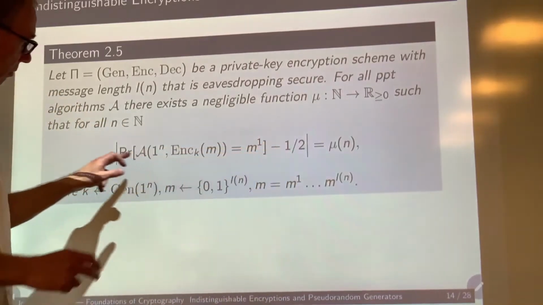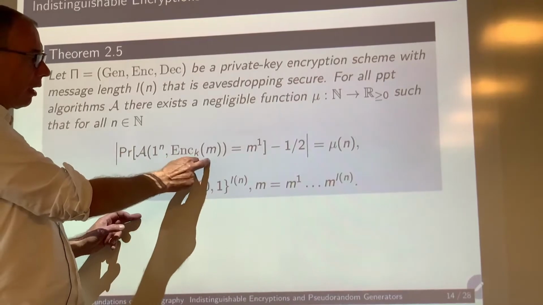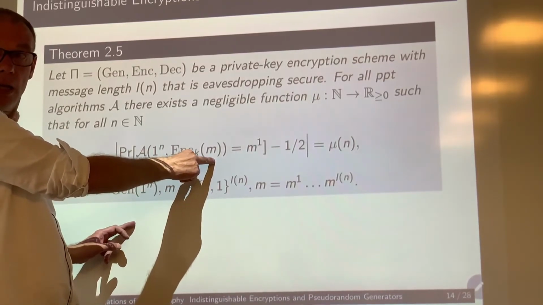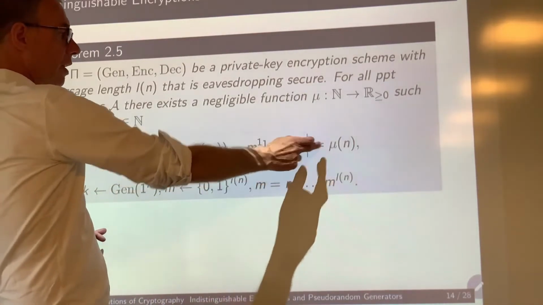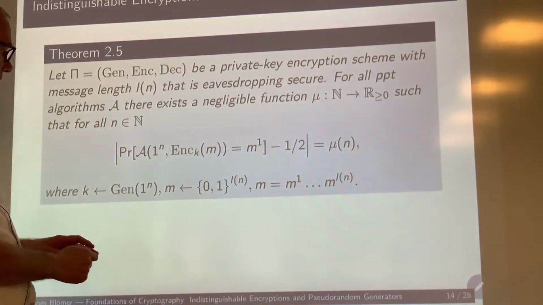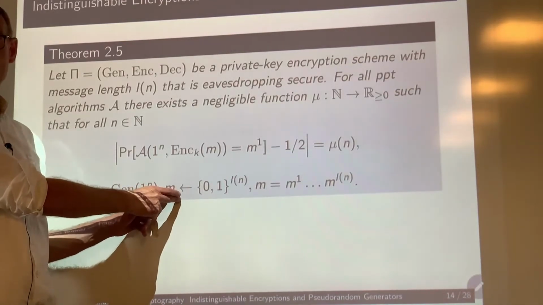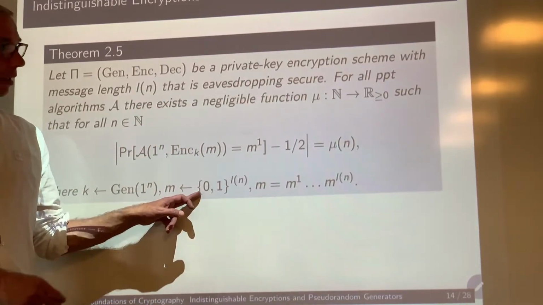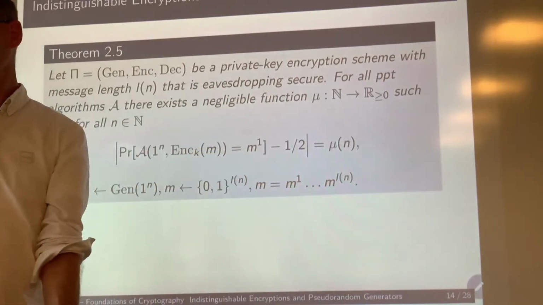In fact, the probability that A, on input the security parameter and the encryption of M, outputs M1 is bounded by 1/2 plus this negligible function, where the key is generated uniformly at random, the message is chosen uniformly at random from the message space, and M1 through M_L(n) denote the bits in the message.